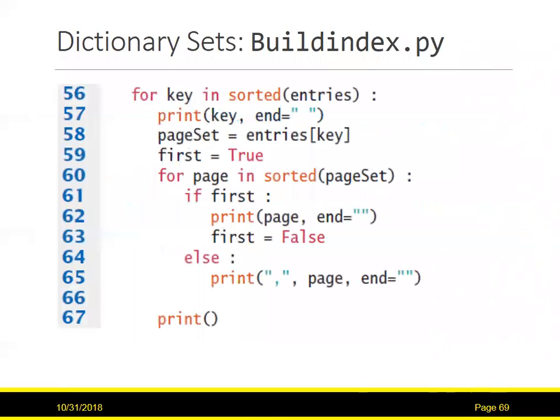All right, so again, we are sorting the entries and iterating over the keys in the dictionary. So the entries is the dictionary with each word and the set of all page numbers.